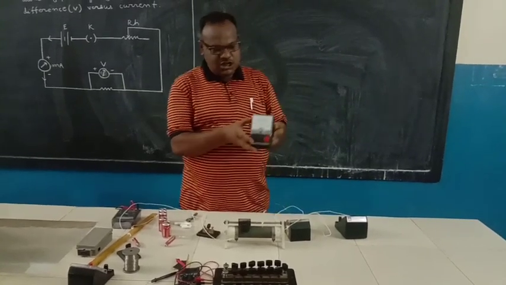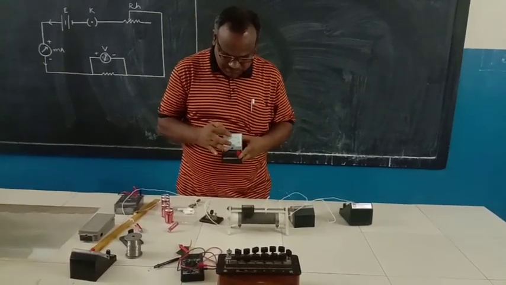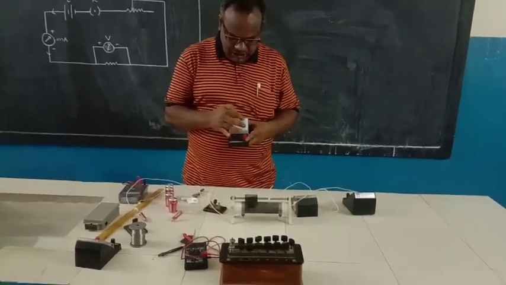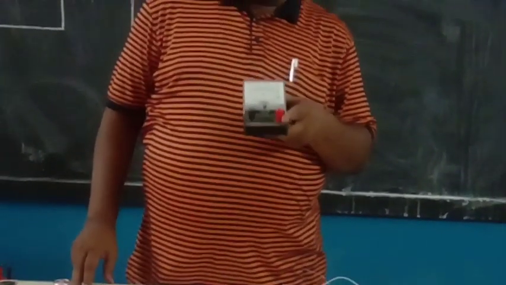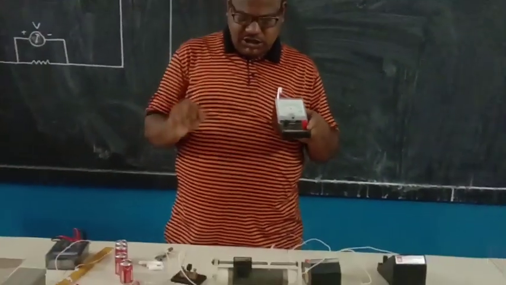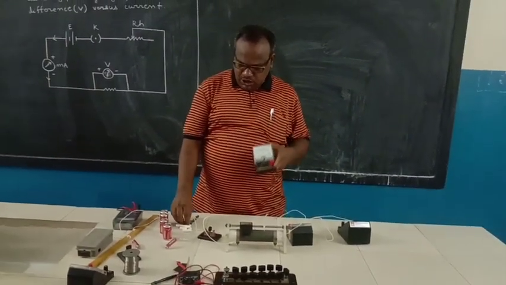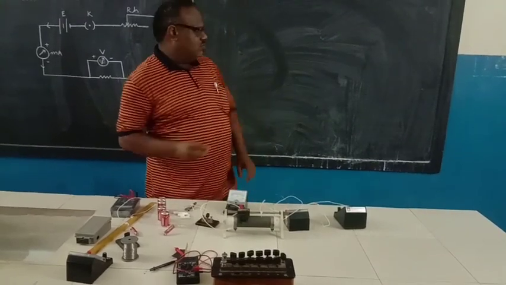You can see there are marks, and you first have to find out the least count. If any measuring instrument is given to you, you have to find out its least count.